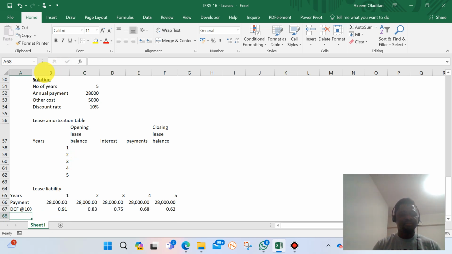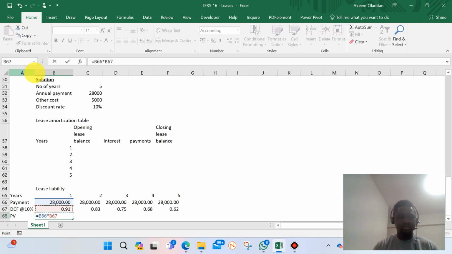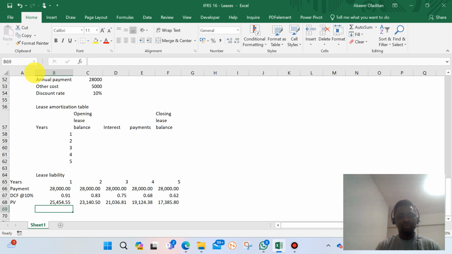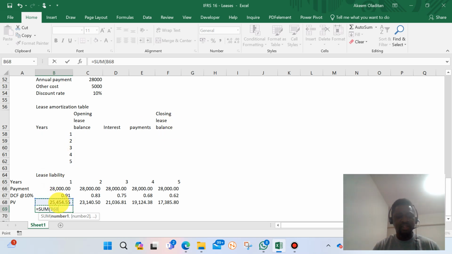Then, what will now be the present value? So the present value will be 28,000 times this, then this. So the total discounted value, which is the present value over that period of time, is the sum of this to this for the next 5 years.